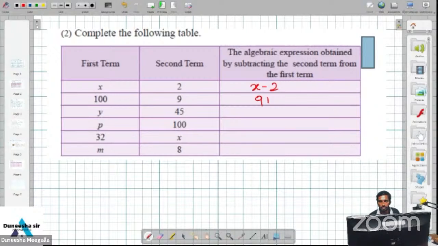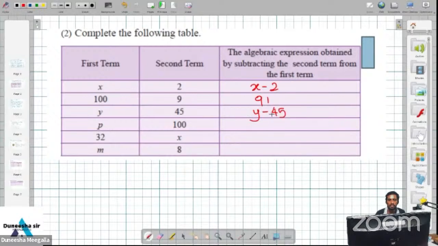Did you finish everything? Dinara, are you all done? Now raise your hand. What is the next algebraic expression for y minus 5?